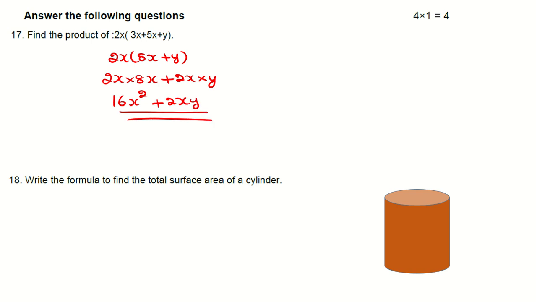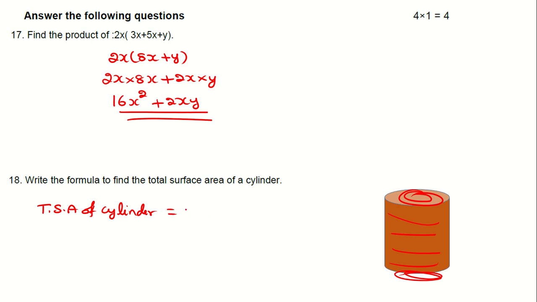This is the multiplication. And then write the formula to find the total surface area of the cylinder. For getting the total surface area, we have to consider this curved area and also the top area and the bottom area. So therefore, we write the TSA of cylinder, total surface area of cylinder.